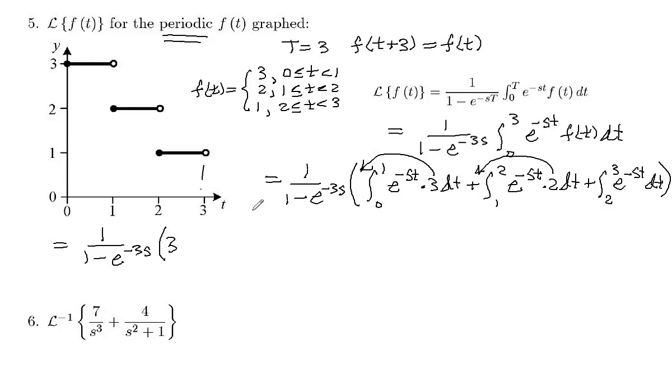The integral of e to the negative st is going to be e to the negative st, and then this is a t integral, so s is a constant, so negative s is a constant. So you're going to divide by negative s, or if you want, multiply out in front by negative 1 over s. And then that's all going to get evaluated from 0 to 1.